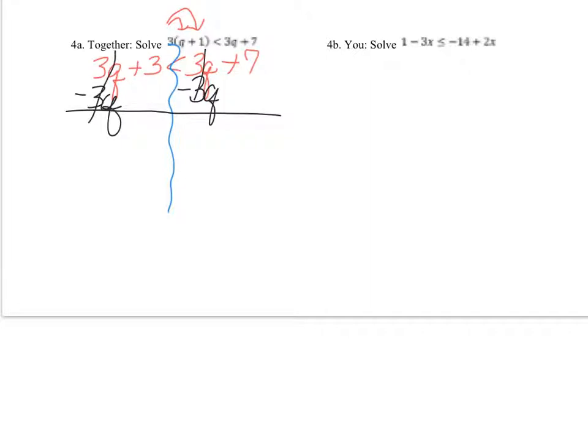Oh, look what happens. The Q's wind up canceling out. So I'm left with 3 and 7. Subtracting doesn't change my inequality. So I have 3 is less than 7. Is that a true statement? 3 less than 7?